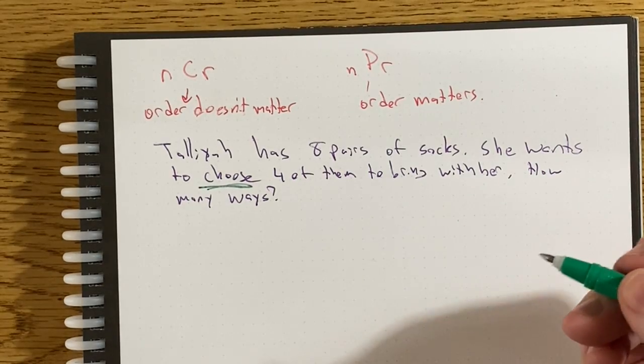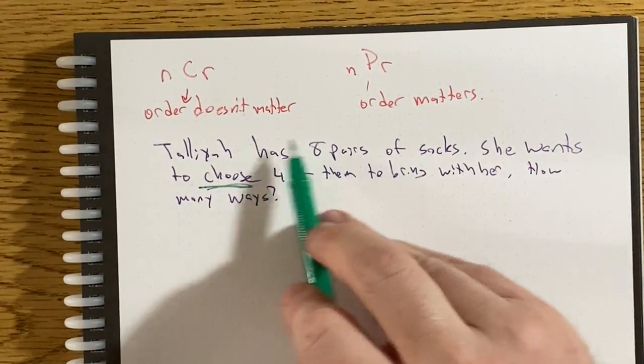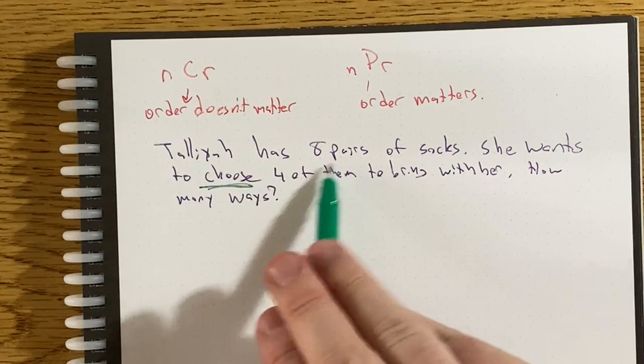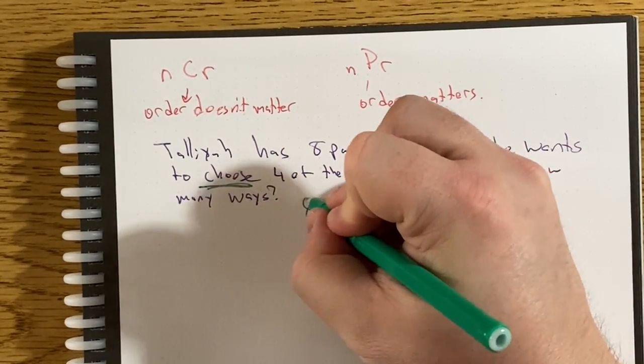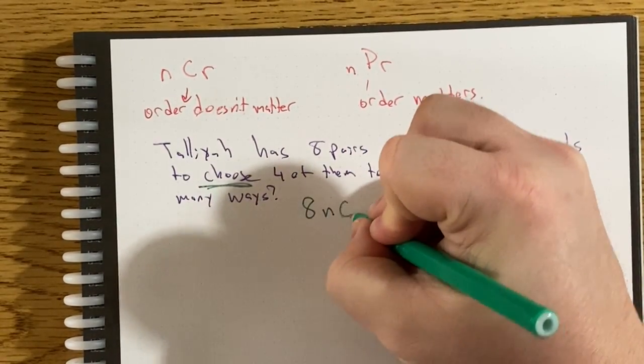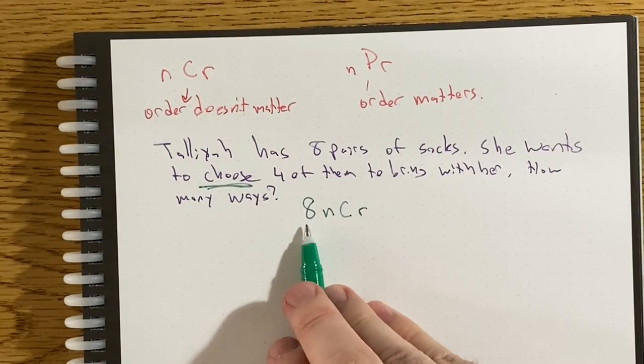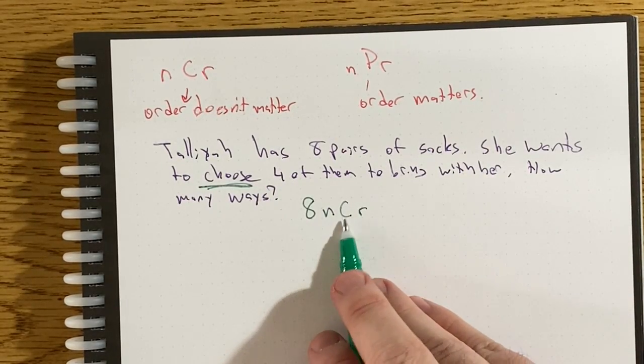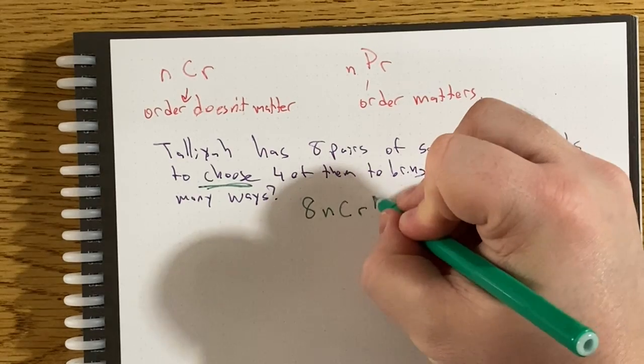So in a calculator, this n is how many it starts with. So you would do 8, push the nCr button. This means there's 8, and you're going to choose 4 of them.